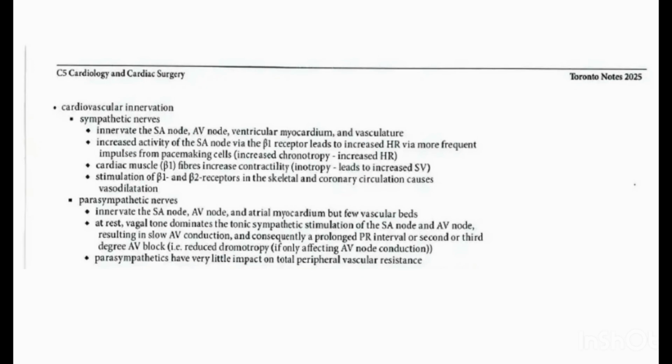First, stimulation of the SA node via beta receptors triggers more frequent impulses from our pacemaking cells. This increases heart rate, a concept known as increased chronotropy. Second, targeting the cardiac muscle fibers themselves increases the force of contraction, or inotropy, which directly leads to an increased stroke volume.